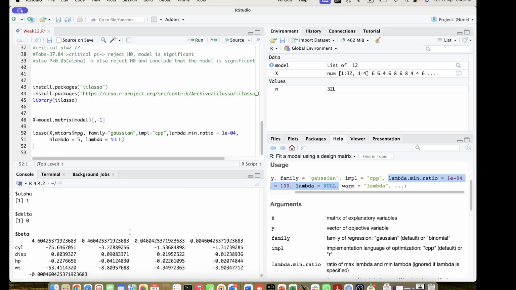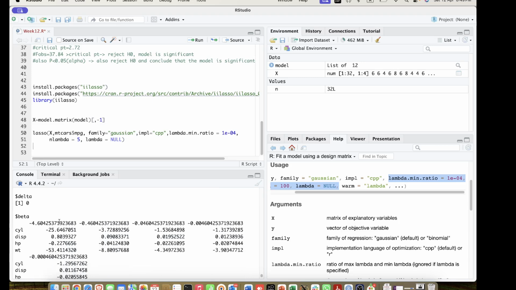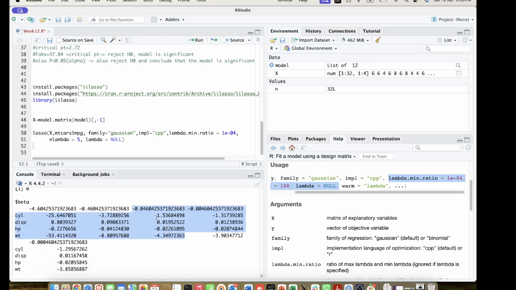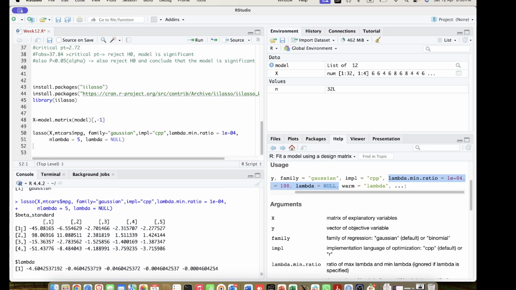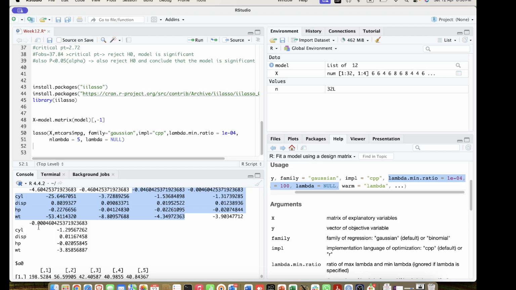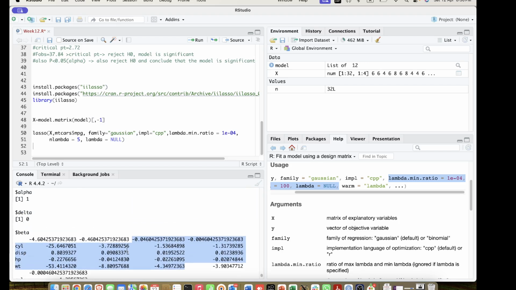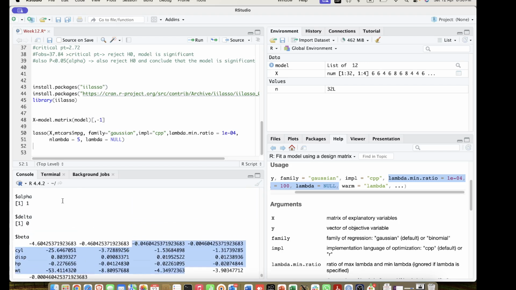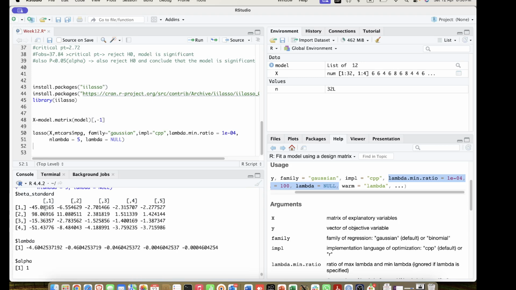and if I just want the beta estimates, then these are also given with the corresponding variables. Okay, and the lambdas. So mind you, whenever it is standardized, it means that the x variables are (x minus mean) divided by standard deviation.